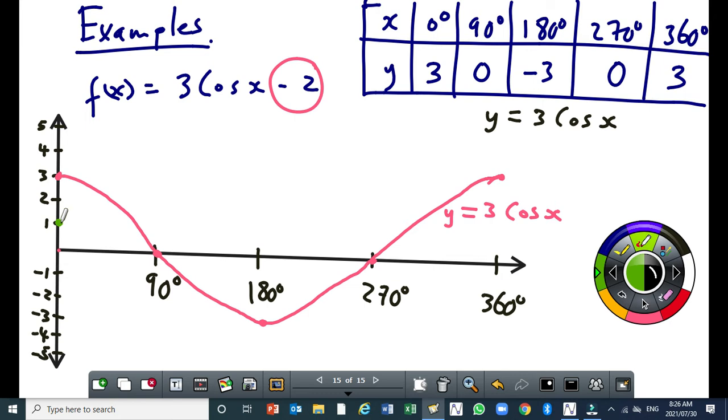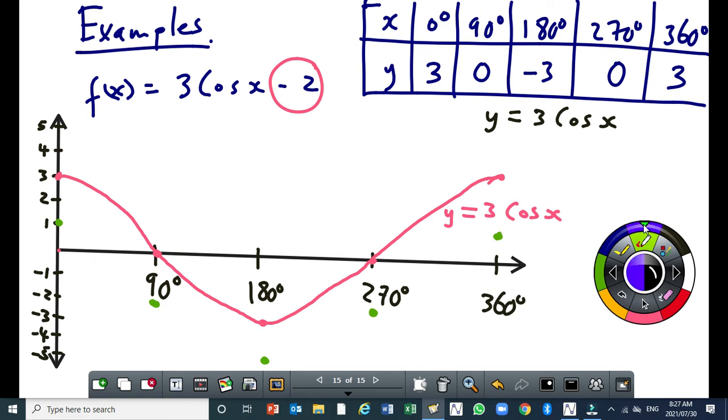Then when x is 90 degrees, this point also moves 2 units downwards, so it gets to negative 2. And then that point there moves 2 units downwards to negative 5. And then this point moves to negative 2, and this point moves to positive 1.